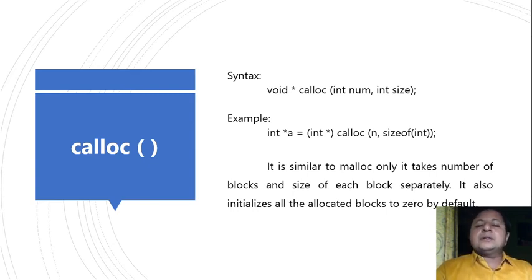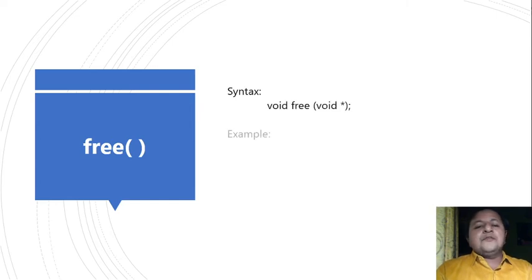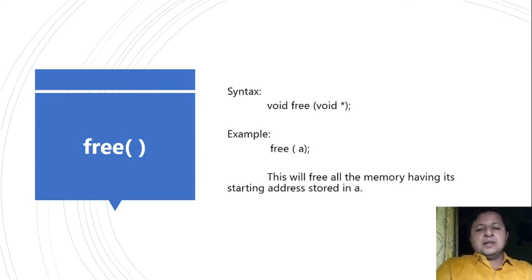So that is about memory allocation. Now for deallocation, we'll be using free. Free takes any sort of pointer, so it takes void star. It goes to the contents of that pointer, and whatever address is given, it will free up the memory from that address.